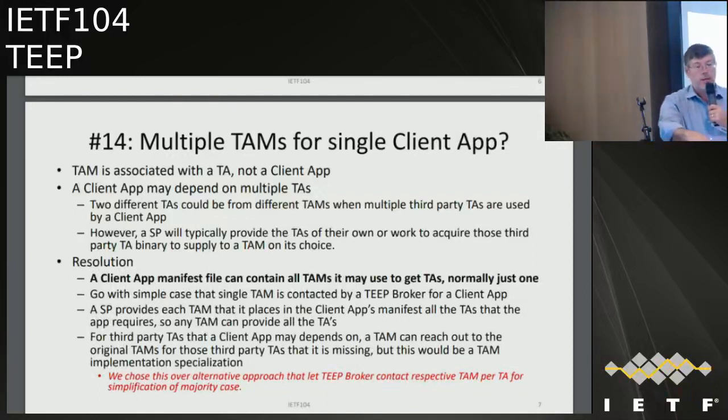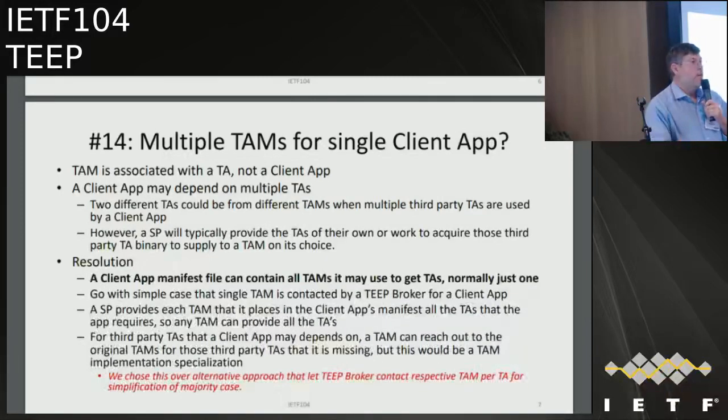To handle that case, we said we're not going to handle that in the general protocol. It can be handled in a couple of ways. One way is that the Teep broker could use the manifest to identify what TAM to go to. That's how normally the Teep broker and the Teep agent are going to work. Another possibility, the last bullet on the slide, is that you go to one TAM and the TAM gets the request for all the TAs.